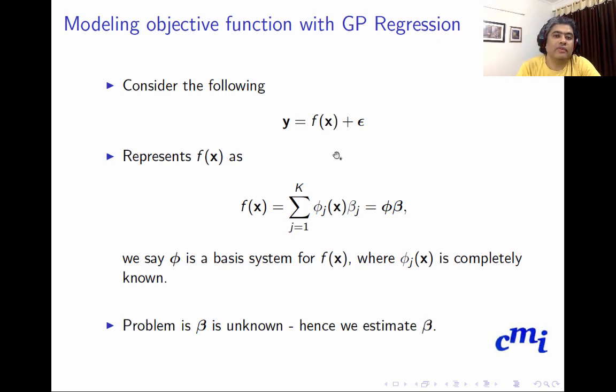So consider the following: y equal to f of x plus epsilon. We don't have any idea how f of x behaves, and we can represent f of x as the sum over j of phi j of x times beta j, and we can write it as phi times beta. Here phi is called the basis system of f of x, where phi j of x is completely known, and the problem is then how you estimate beta.